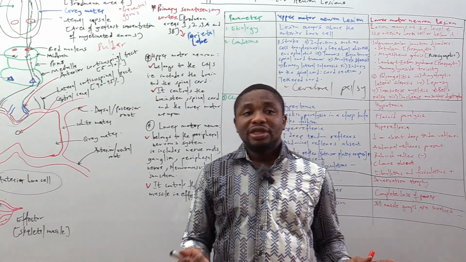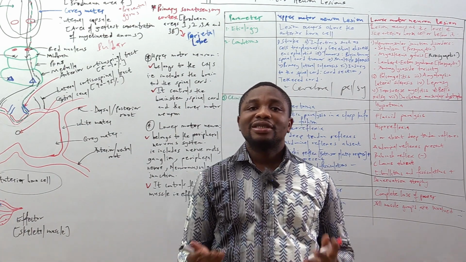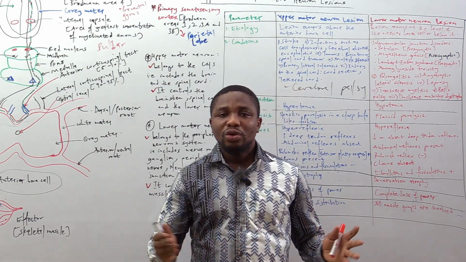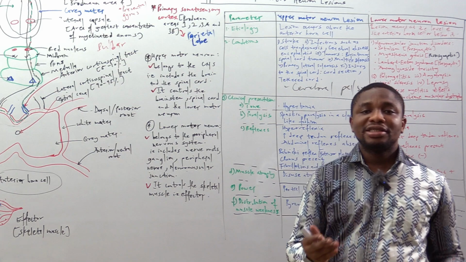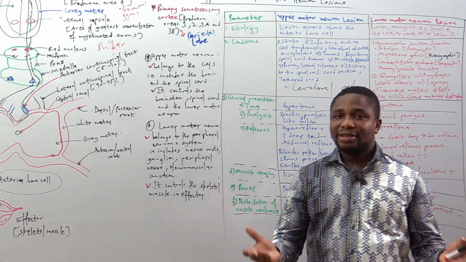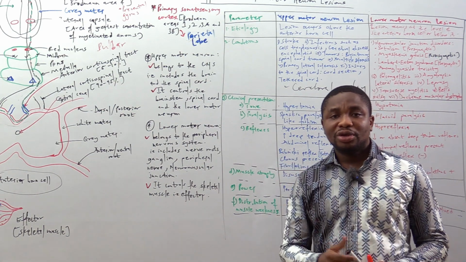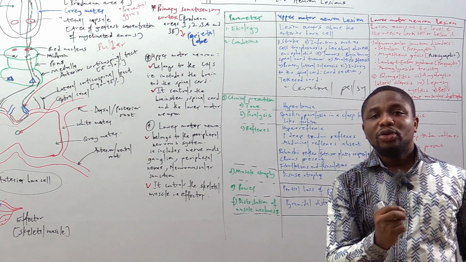Then for the lower motor neuron lesion, if the child is sick, the child becomes very dull, low in activity. That gives you everything low. So the first clinical presentation distinction that we want to talk about is the tone. For upper motor neuron lesion, it will be high, so hypertonia. Lower motor neuron lesion is going to be low, so hypotonia.